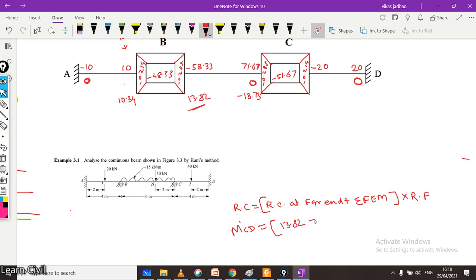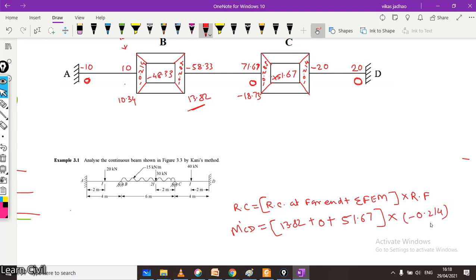So 13.82 plus, here again we have rotation contribution at far end as 0, so 0, plus summation of fixed end moment, which is plus 51.67, multiplied with the rotation factor. Here the rotation factor is minus 0.214.